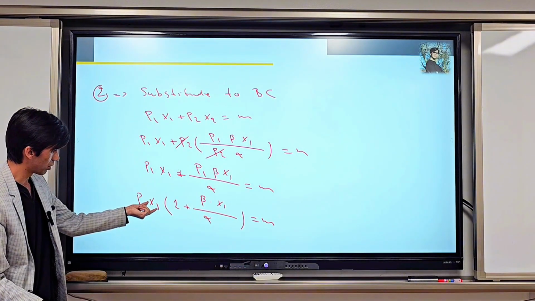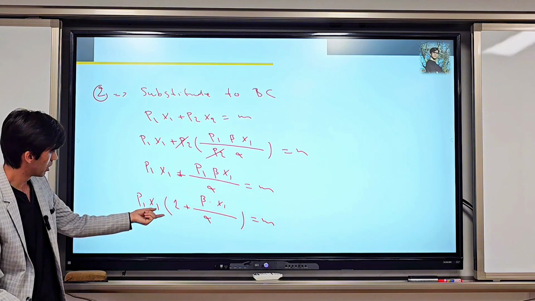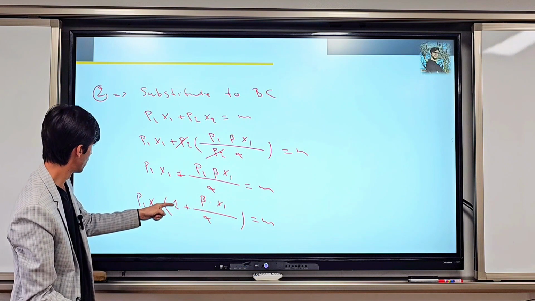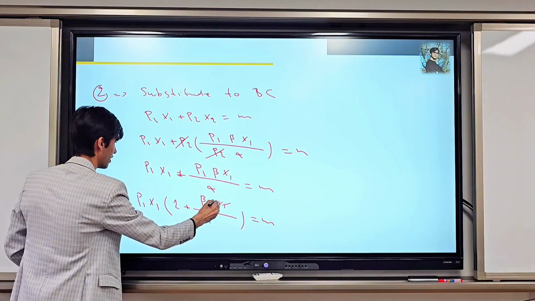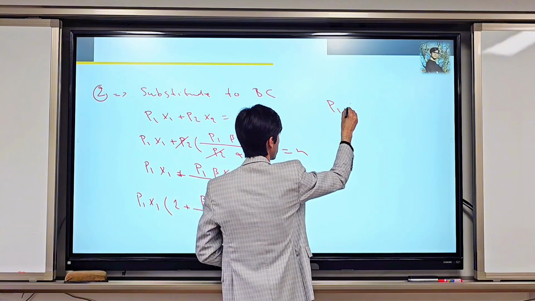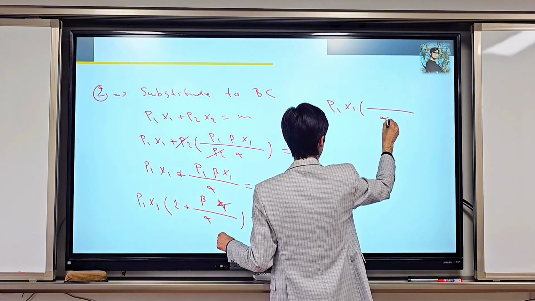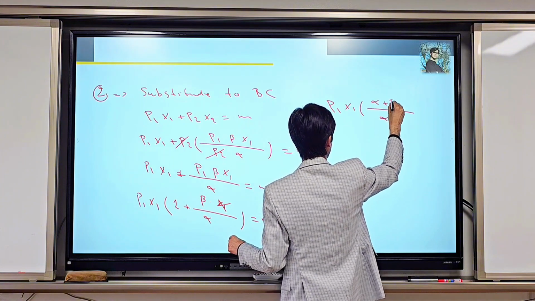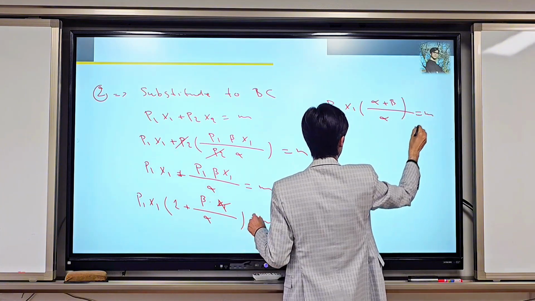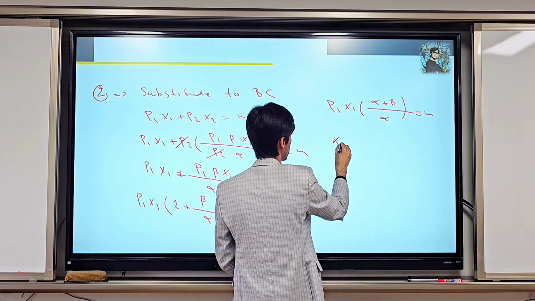So now, as you know, this one. So now we have our P1 x1. Here we have alpha plus beta is equal to m. So then we only need the x1.